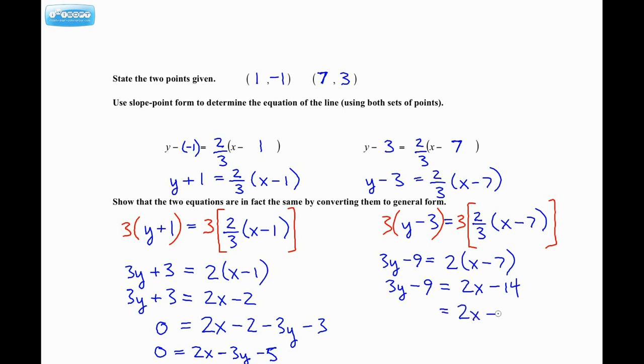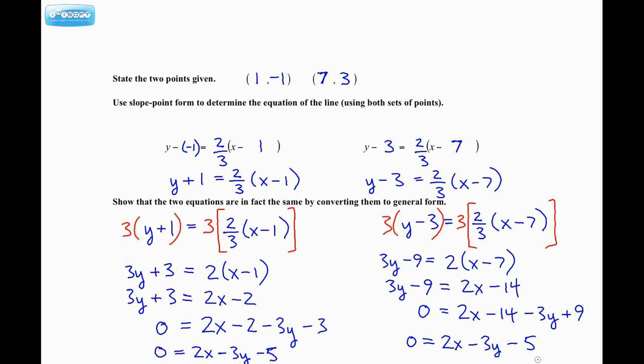So those stay. But I need to subtract 3y, and I need to add 9, which leaves 0 on the other side. So we finish it off. This gives me 2x minus 3y, and negative 14 plus 9 is negative 5.